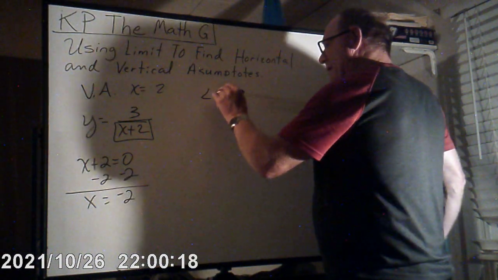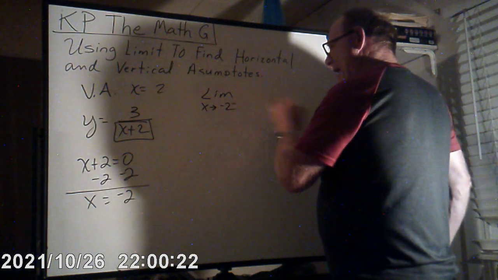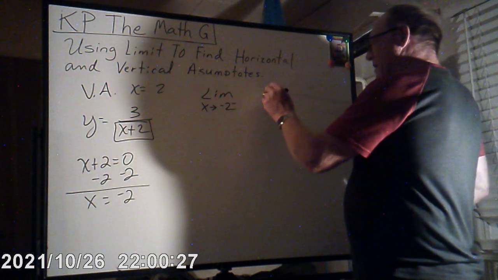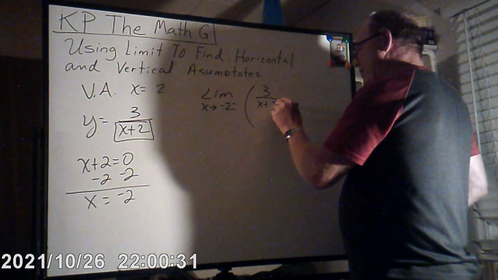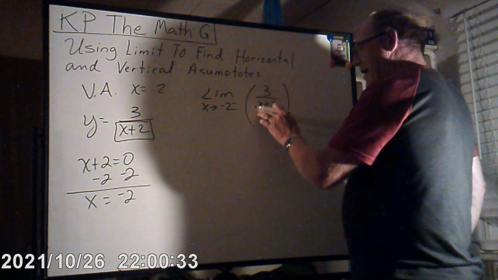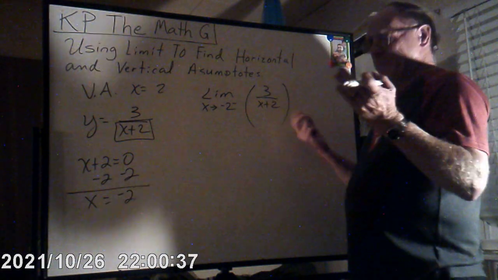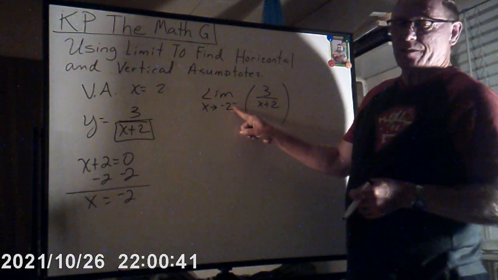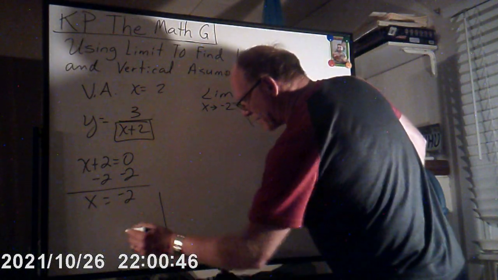That's what your limit's going to be. So the limit as x approaches -2, and we are going to do both left and right limits. So this is going to be 3 over x plus 2. Obviously, if we plugged in -2, -2 plus 2 is 0, which means that would be undefined, but we are looking at it as it approaches -2 from the left. So let's put a little number line here.